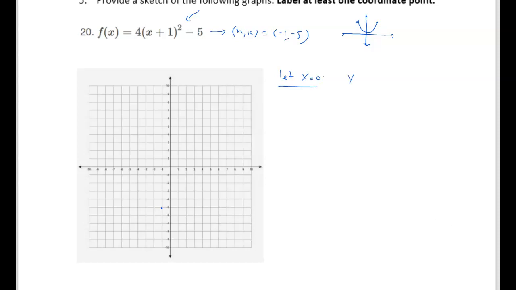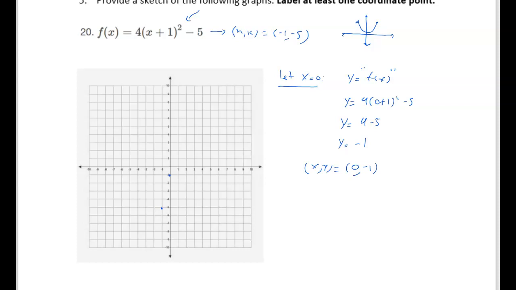And then your y value, which represents your f of x, is y equals 4 times (0 plus 1) squared minus 5. So y is equal to 4 minus 5, or y is equal to -1. So a second coordinate point is 0 comma -1, which is technically here.